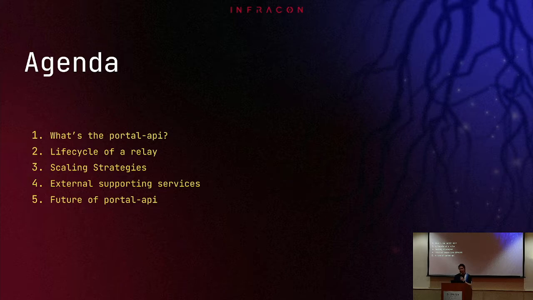After that, we're going to talk about some of the scaling strategies that we use to stay performant, especially with the growing number of relays that we are getting lately. Then we'll keep talking about more performance strategies, this time in the form of sustainable services that happen outside the Portal API and run independently. And lastly, we're going to talk about some of the things we are planning to do in the future for the Portal API. So, let's get started.